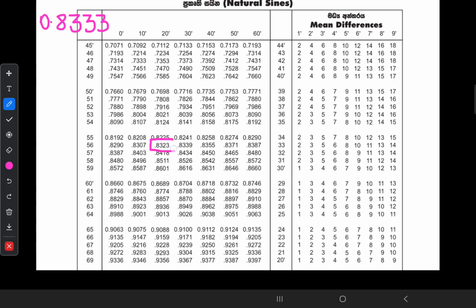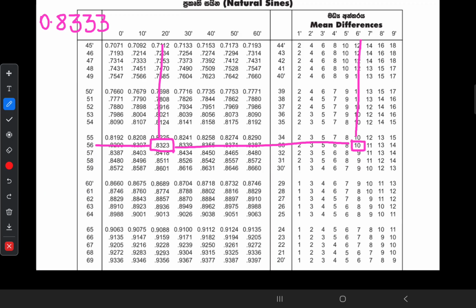So let's take the lesser value. With 0.8323, when we add 10 as a mean difference, we can obtain this desired value.